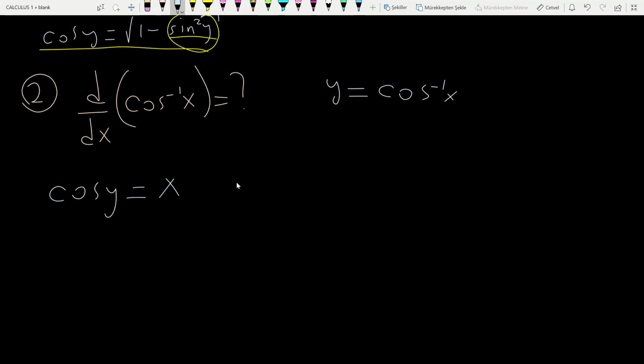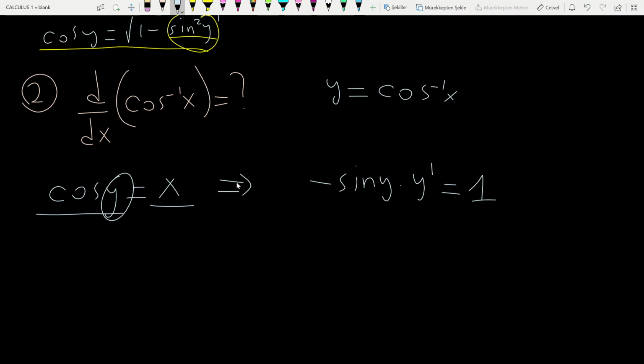Differentiating implicitly with respect to x, the derivative of the left hand side is equal to minus sine y times the derivative of the inside, y prime, is equal to the derivative of the right hand side, which is 1.